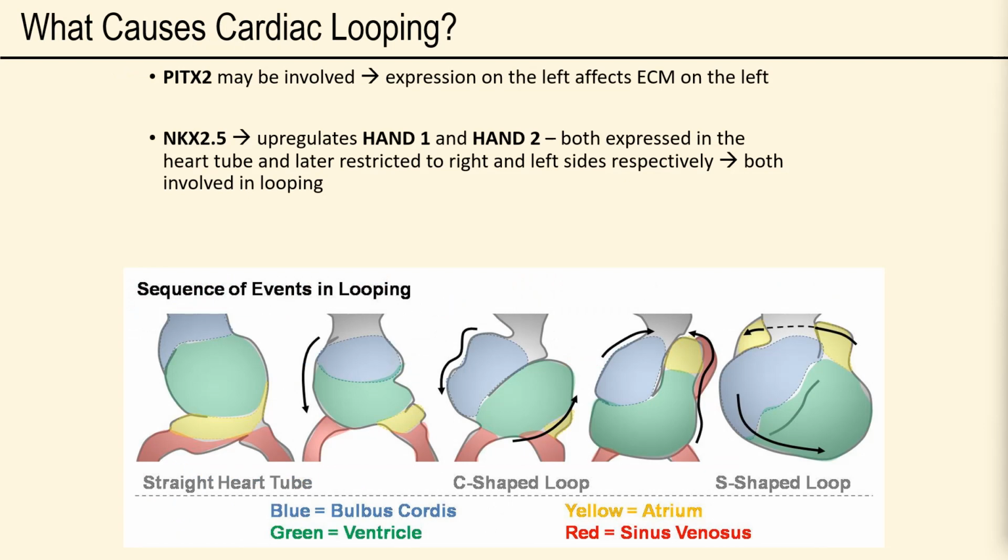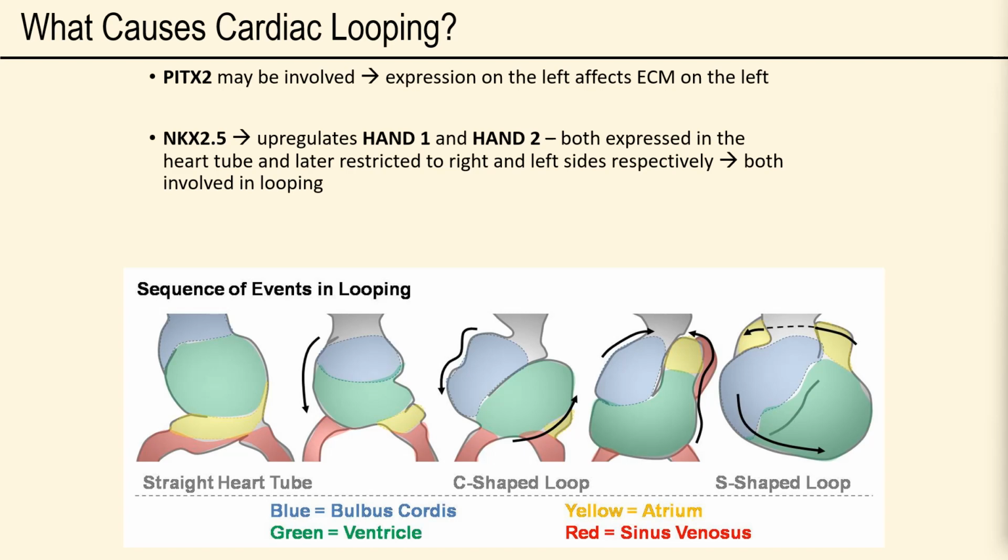We also looked at PITX2 in gastrulation. We think the expression of this on the left-hand side is what leads to cardiac looping. We also know that the master gene for cardiac development is NKX2.5.